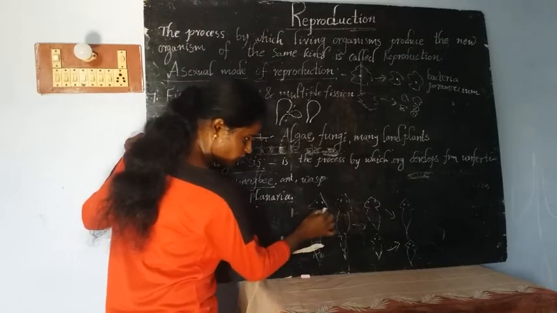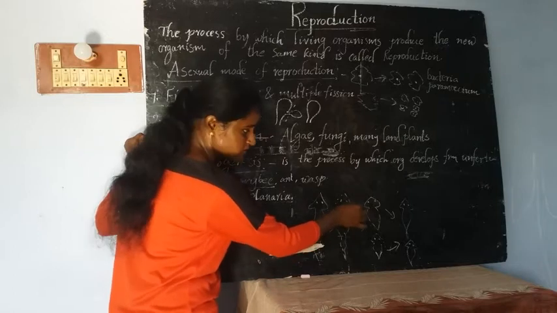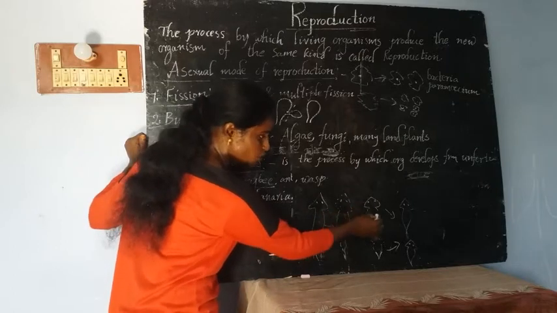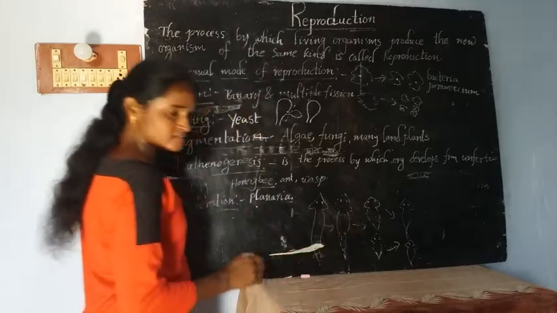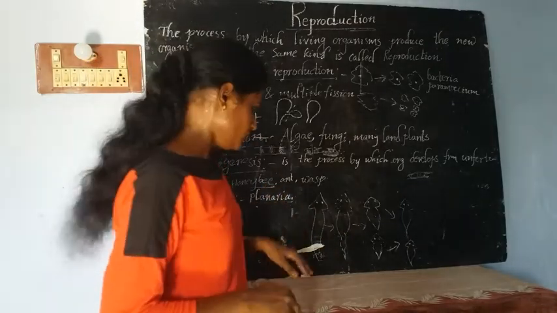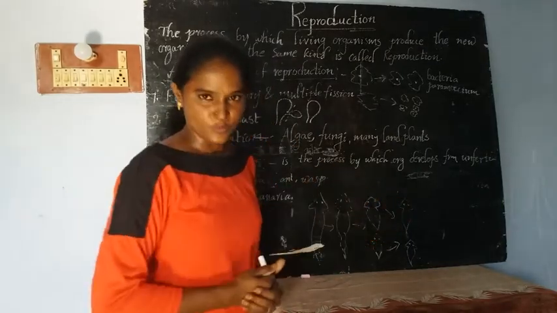If the head of the planarian breaks off, we may find a new organism from the head. If the tail of the planarian breaks off, a full organism may grow from the tail.